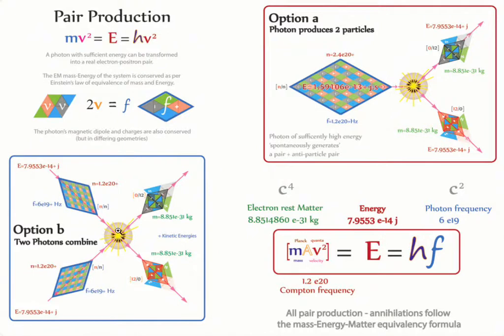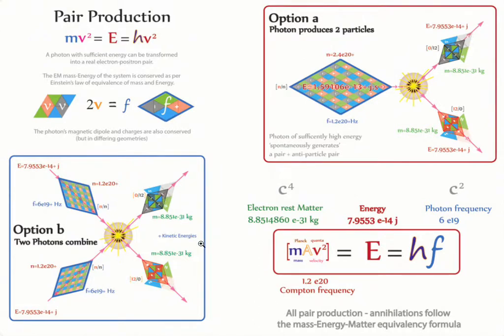The other way that this can obviously occur is if you have two photons of energy, or two EM waves with varying amounts of photons. In this case, they're equal numbers, they're identical photons of energy, colliding or interacting, and again they will produce matter geometries with kinetic energies.